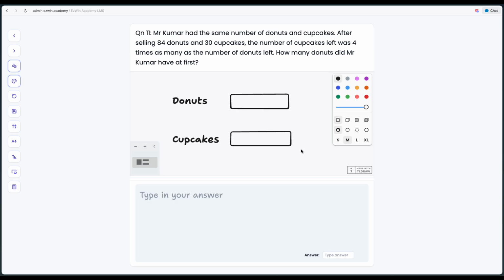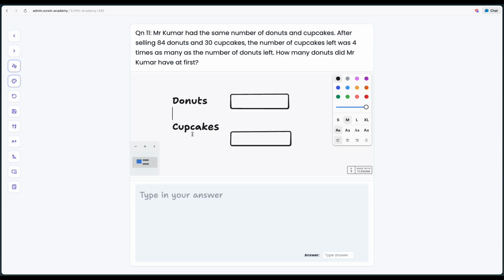So we're just going to draw 2 of the same models for donuts and cupcakes. And then after selling 84 donuts and 30 cupcakes, the number of cupcakes left was 4 times as many as the number of donuts left. So how many donuts did Mr. Kumar have at first?